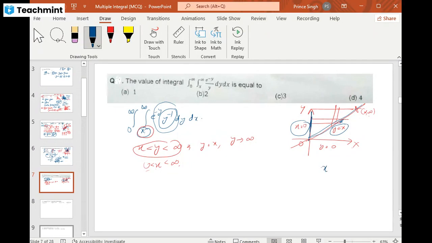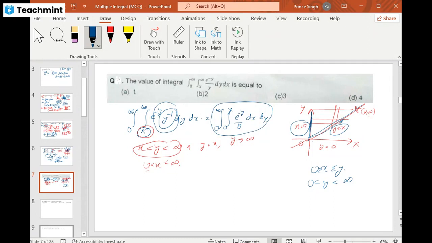So the limit of x varies from 0 to y, and the limit of y varies from boundary to boundary, that is 0 to infinity. So if we change the order of integration, this integral is written as integral 0 to infinity, 0 to y, e raised to power minus y upon y, now dx dy, because I have changed the order of integration.